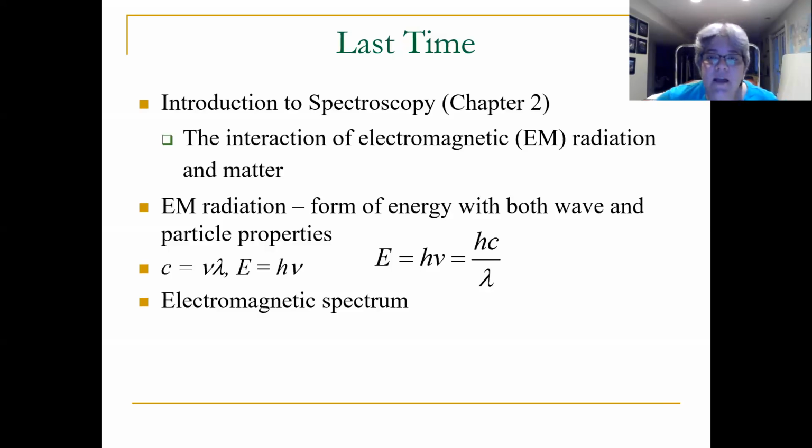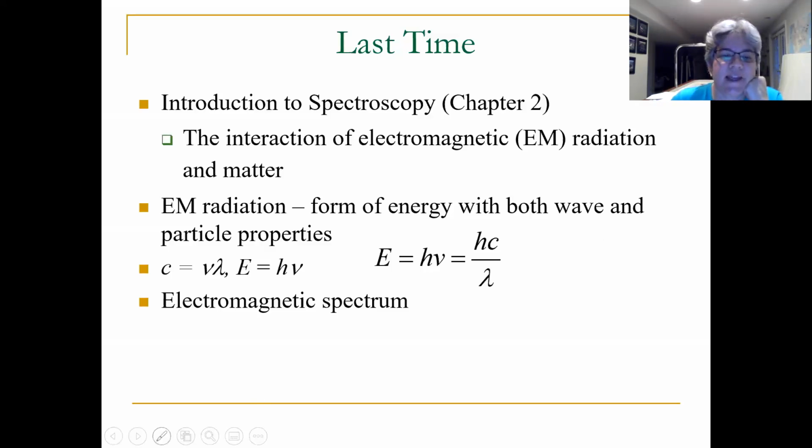Okay, so last time we just started chapter 2, and remember chapter 2 is an introduction to spectroscopy. So we talked about what is the definition, what is spectroscopy? And we said it's the interaction of electromagnetic radiation and matter.